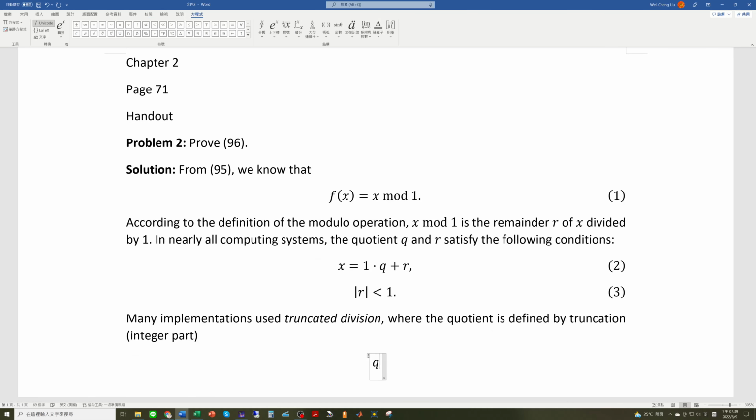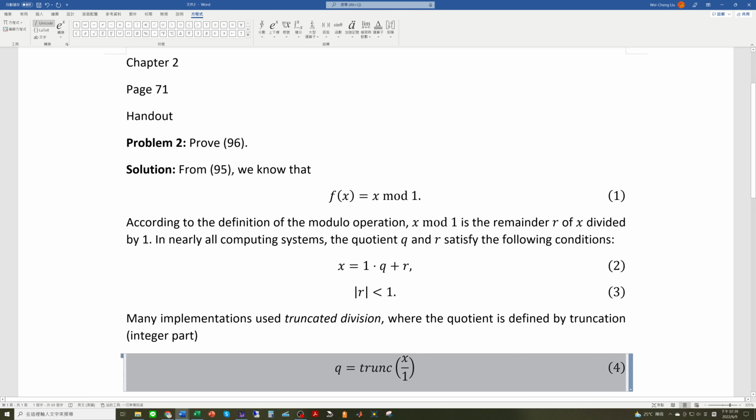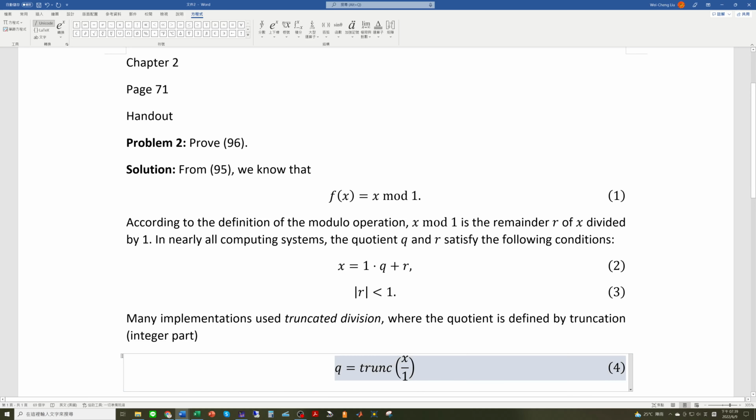So Q is equal to trunc of x over 1. This is equation 4. And the name of the function should be non-italic.